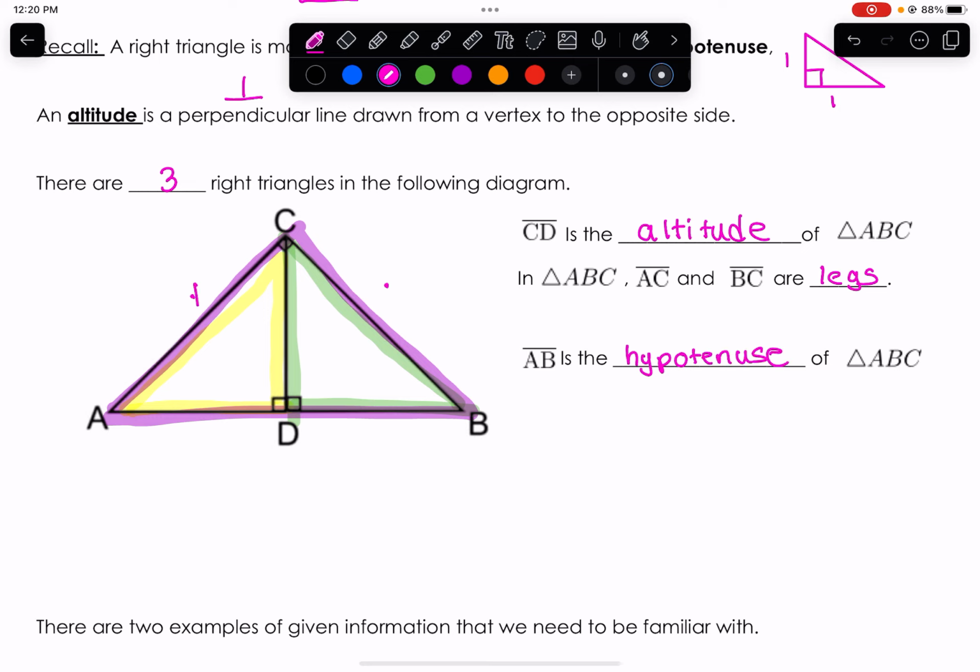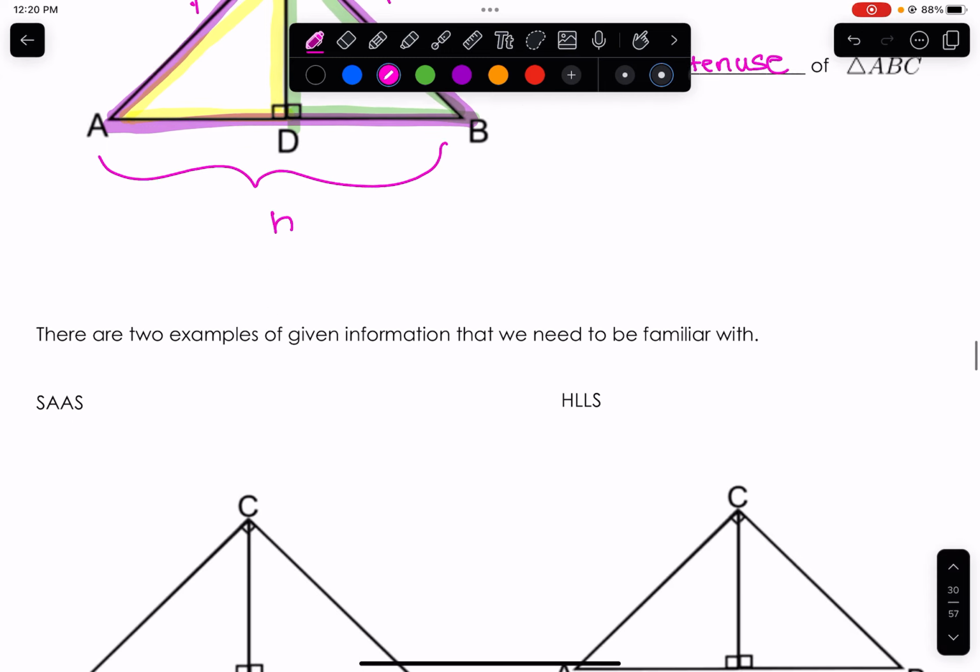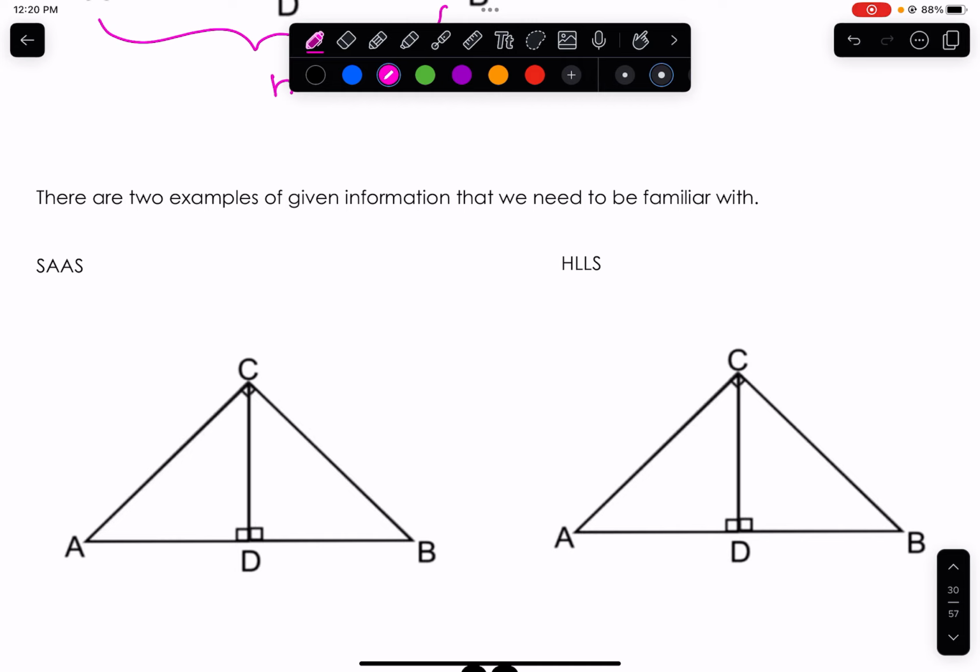So we have legs, and the hypotenuse, because it is opposite of the right angle. There are two different proportions that we are going to be working with. The first one is side, altitude, side, so the sides 1 and 2.